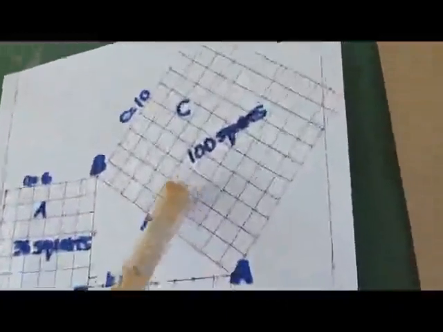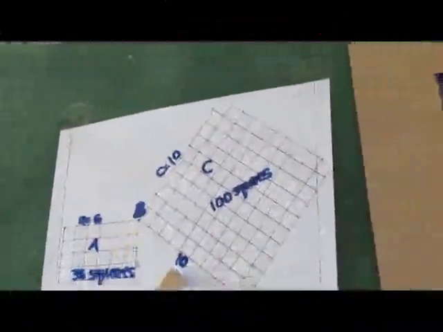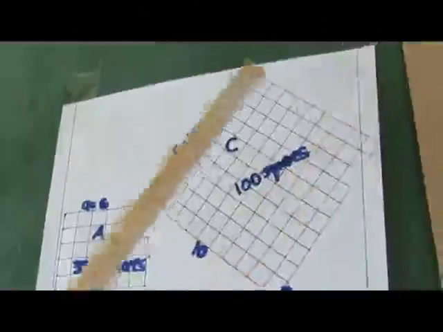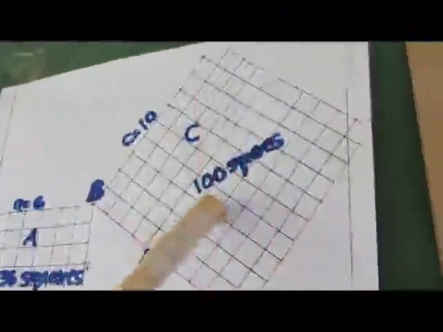In any right-angled triangle, the square of the hypotenuse is the square formed by using the side of the hypotenuse. When you count the small squares here, you will get 100 squares, because one side is equal to 10, another side is equal to 10. When you multiply 10 by 10, you get 100 squares. So this square, formed by the side of the hypotenuse, is equal to 100 squares.